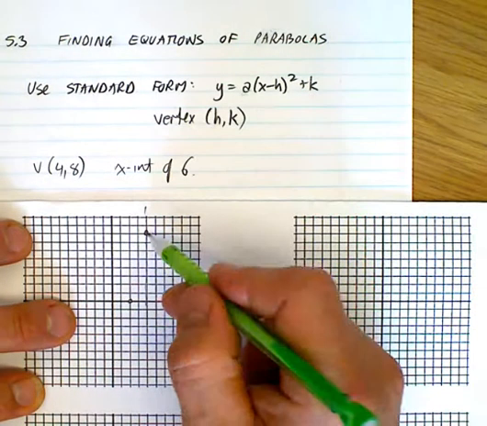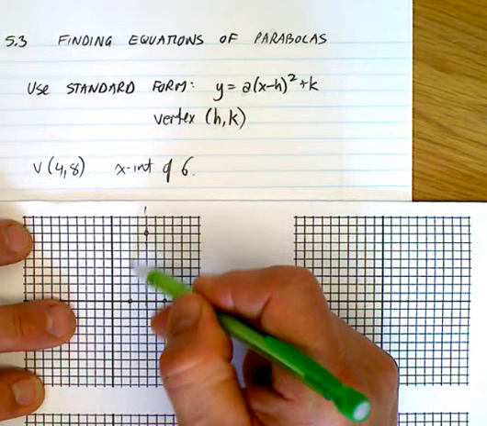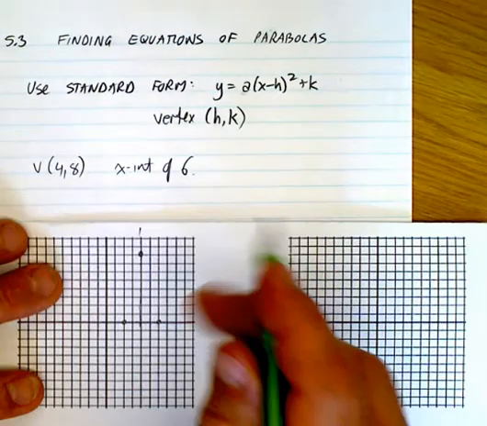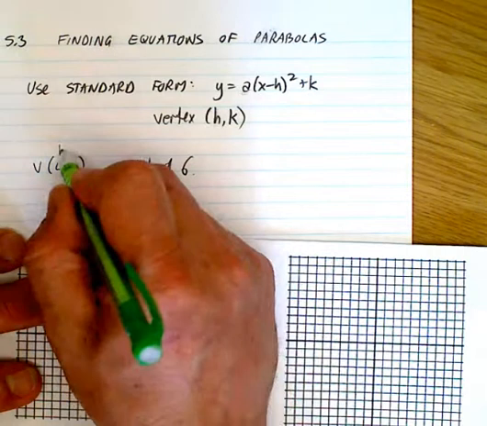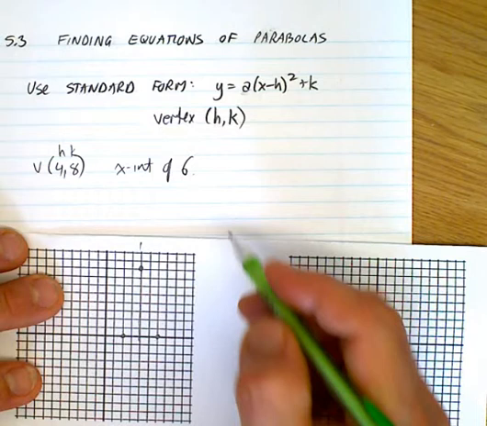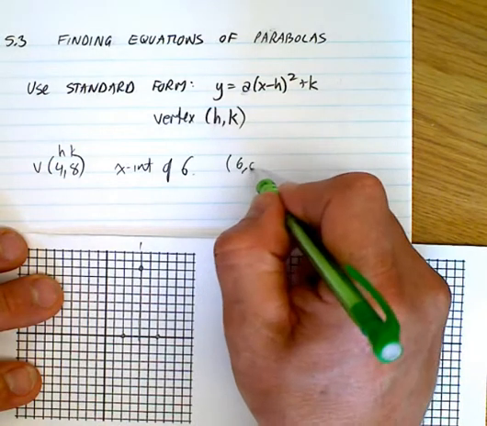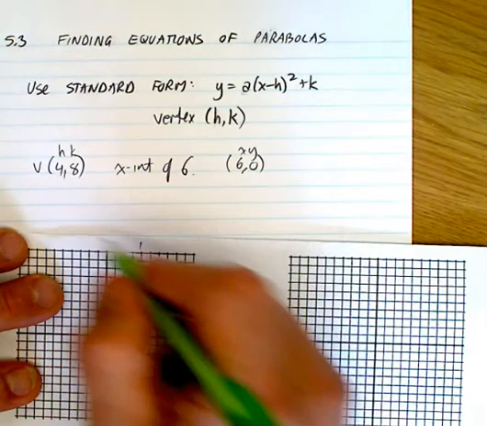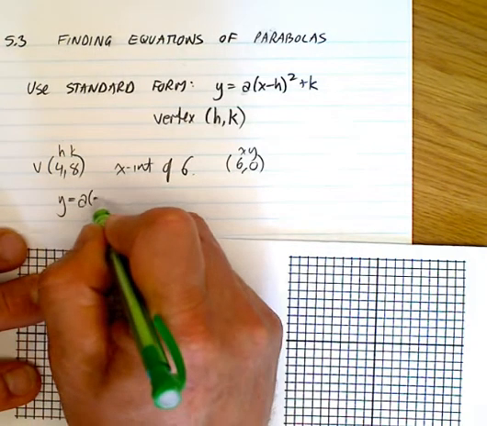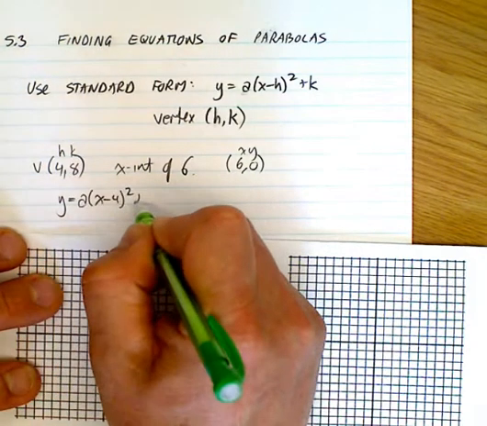Not so easy to see the a value here. So we're going to have to do a little bit of different math, okay? So let's plug some numbers in here. This is my h and k. The x-intercept is 6, but that's actually a point, right? 6, 0. That's your x and y. So let's plug the vertex in first. Y is equal to a bracket x minus 4 all squared plus 8.